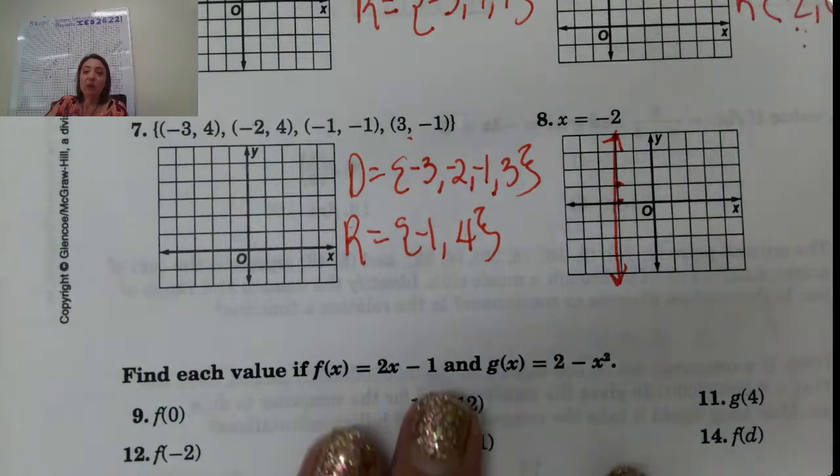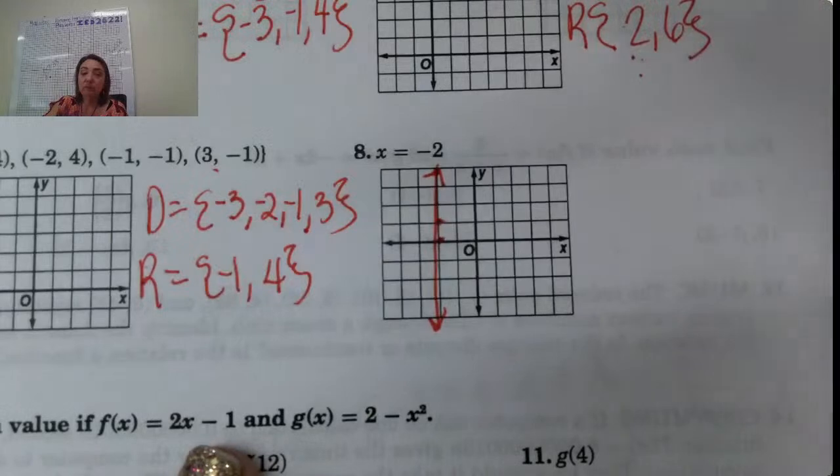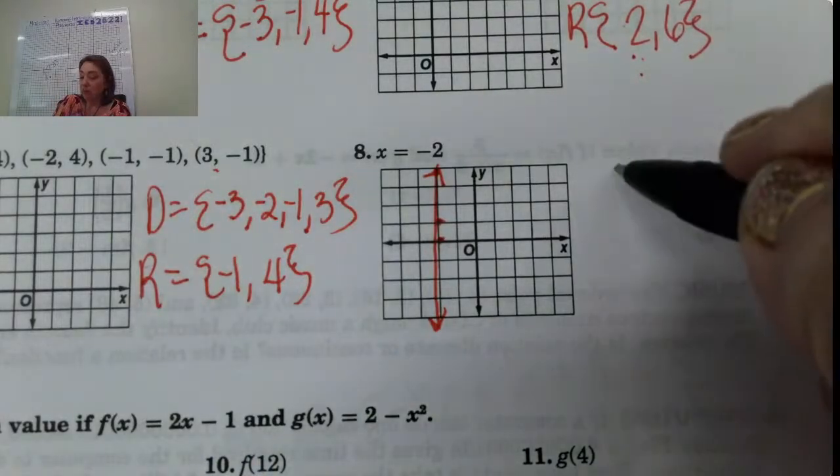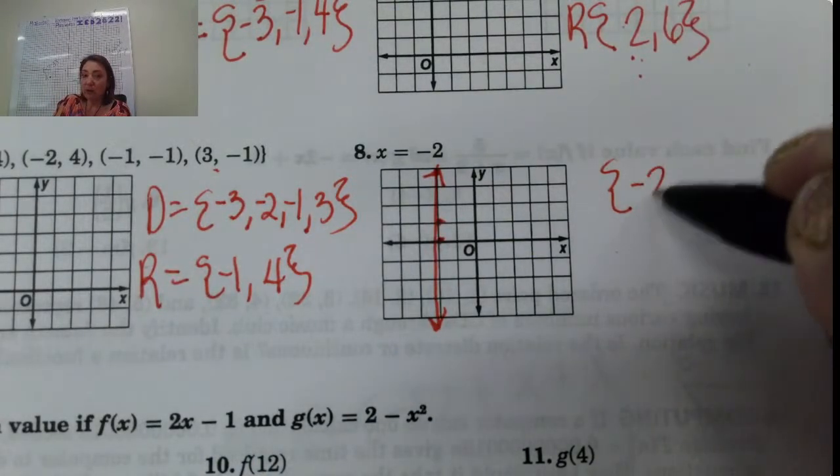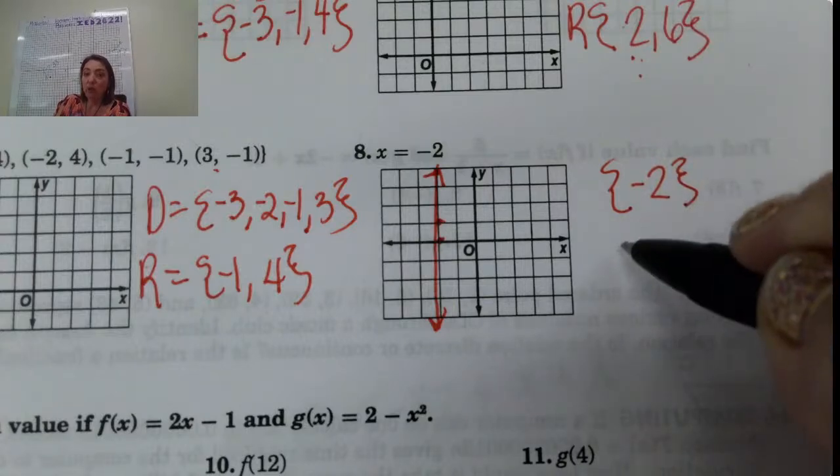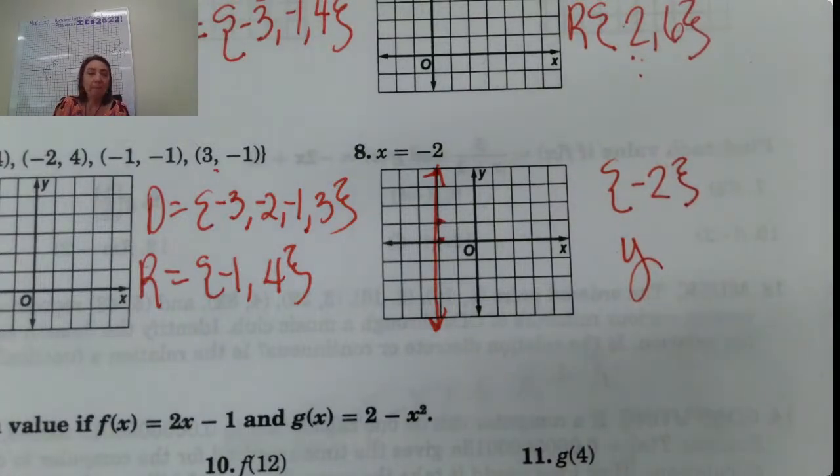Okay? What about number 8? Our x values are -2. What are our y values? What's our lowest y? It's infinite, right? Technically what kind of infinite?